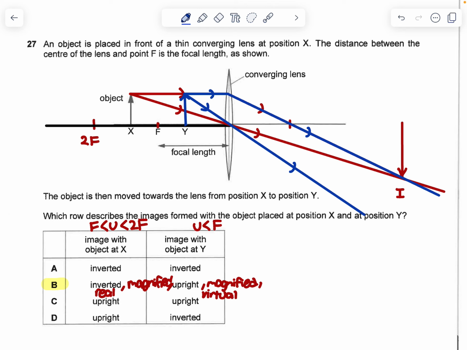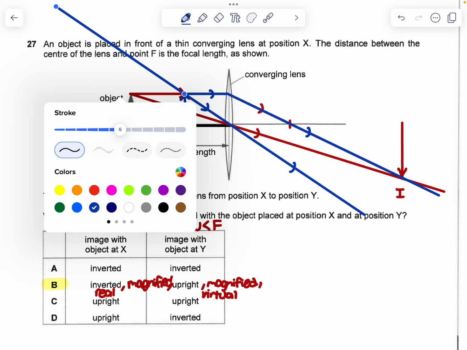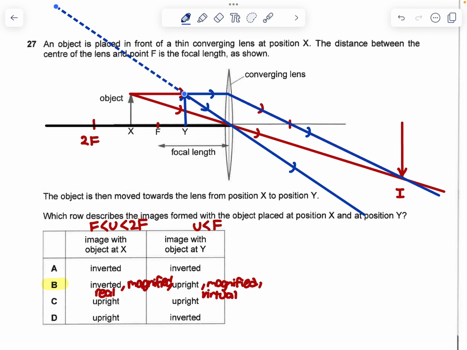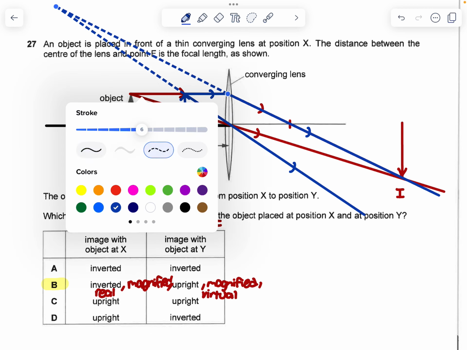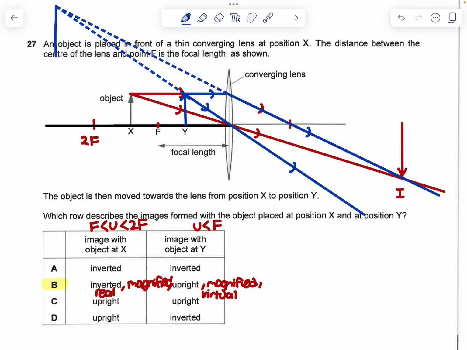So you need to draw the other lines. This one has to be dotted. Dotted. And then the image, dotted. So here you can see that the image is upright, magnified, and virtual.